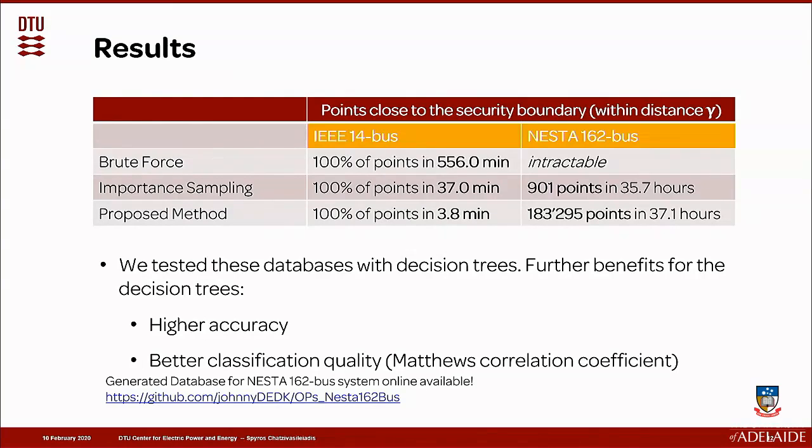We discard all the space that importance sampling is just spending time classifying as unsafe. Because think that the unsafe region is much bigger than the safe one, right? So if we discard this, then we can be much better. And it seems also that these types of databases have better accuracy when we use neural networks or decision trees. I mean, here we have used decision trees. So better quality data gives better performance as well.